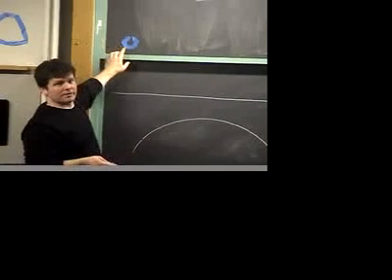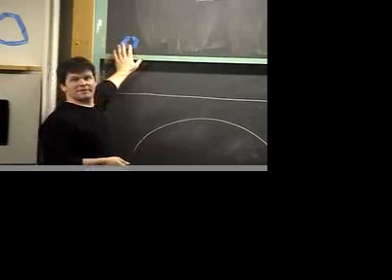What's my total turning? Again, this is called developing. You roll the path out onto the plane. You notice that I can't totally flatten it out, or at least I've set it up that way.